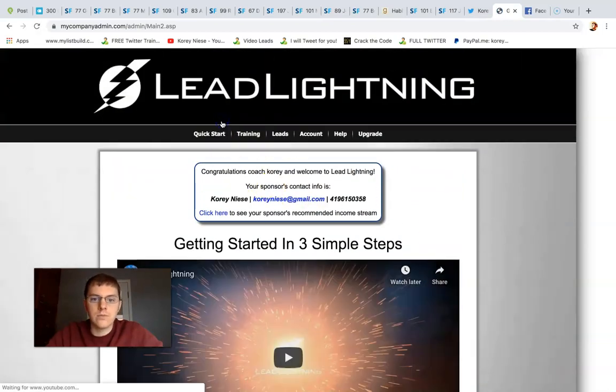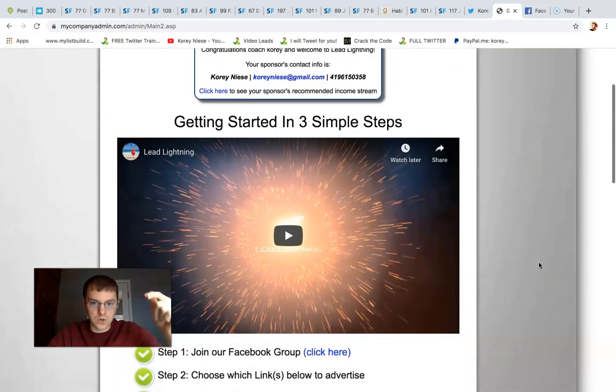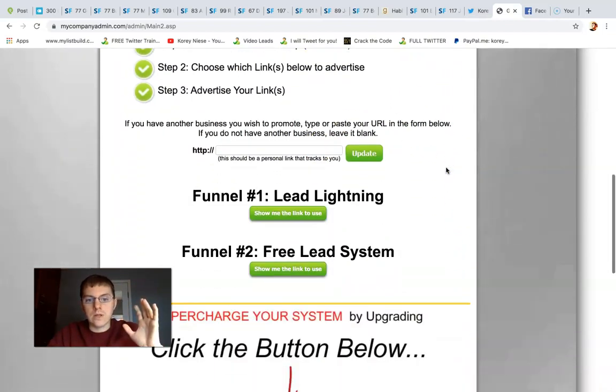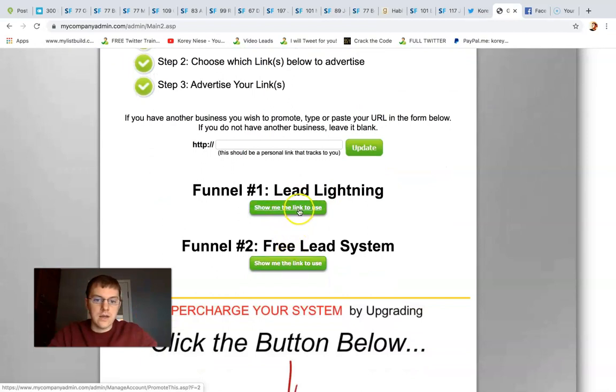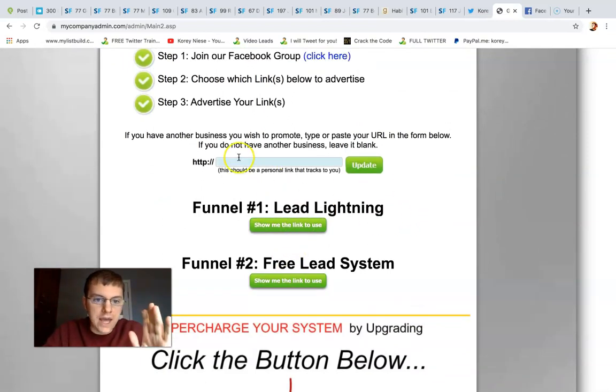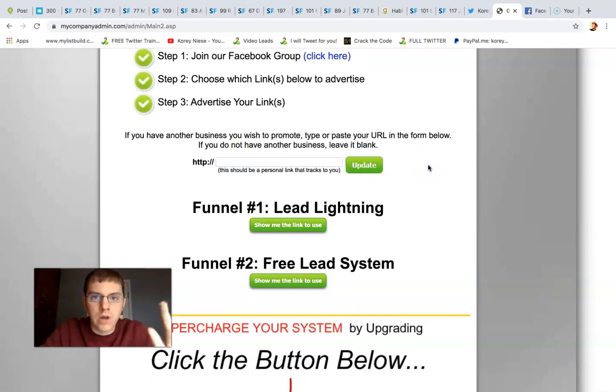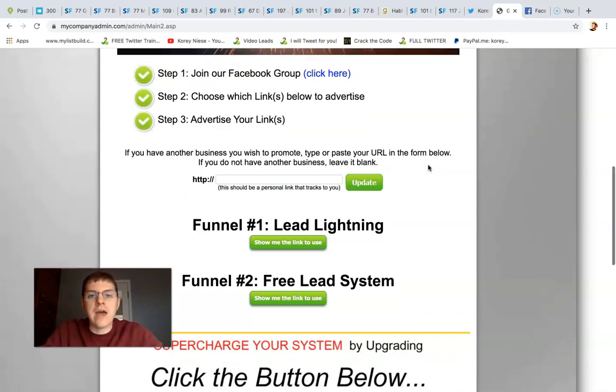Quick start is the first page that you see. You scroll down and paste it in there, and when you get your link and advertise it, Lead Lightning will promote whatever you paste here, whether it's network marketing or anything else. Whatever it is, they will promote that for you through our follow-up emails.